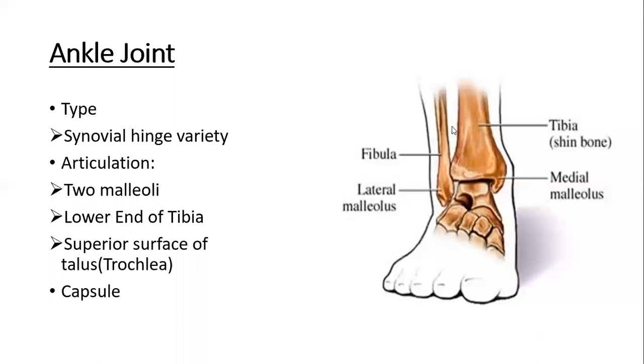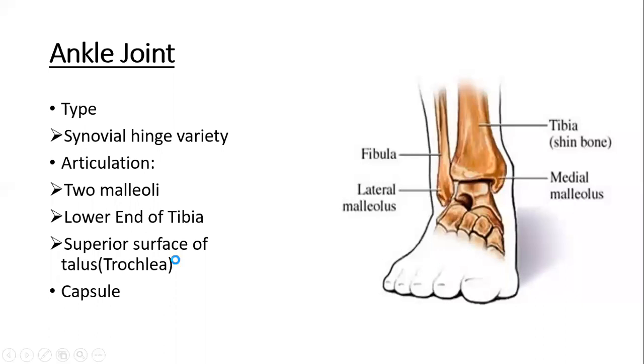So this again is an MCQ: the joint cavity of the ankle extends upward into the inferior tibiofibular joint up till the lower attachment of the inferior interosseous ligament. So these lines are often asked as part of MCQs.